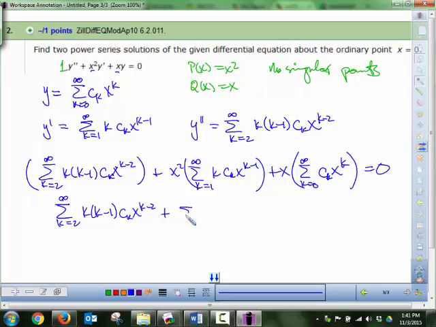Now the second term, I'll incorporate the x squared in here. So this becomes x to the k minus 1, add 2 to that. So what does that become? k plus 1. And the last one, starting from 0 to infinity, we got c sub k, x to the k plus 1 again.